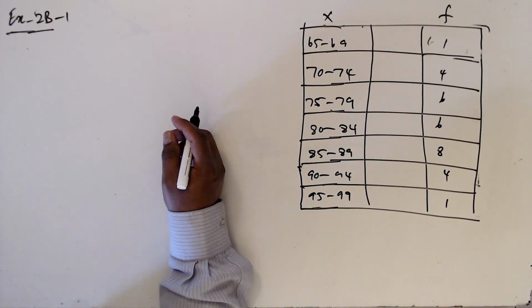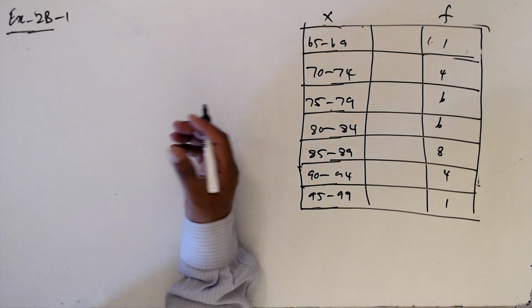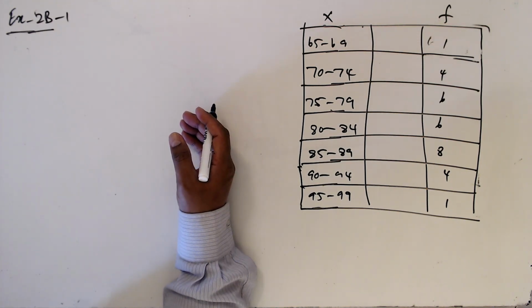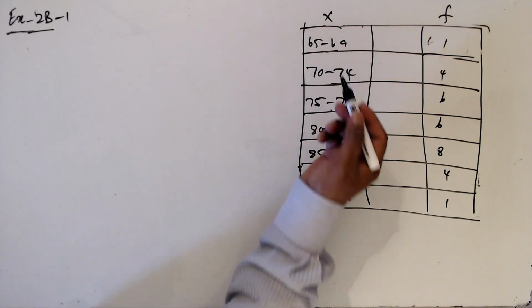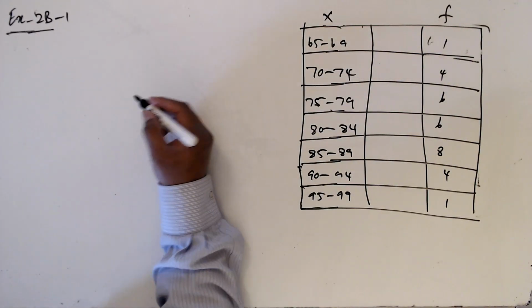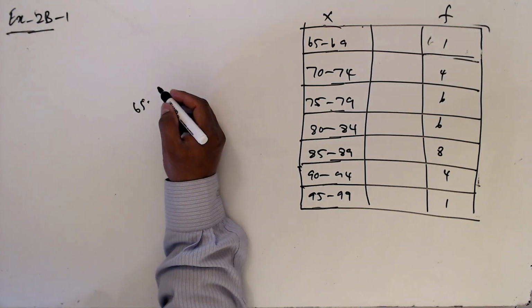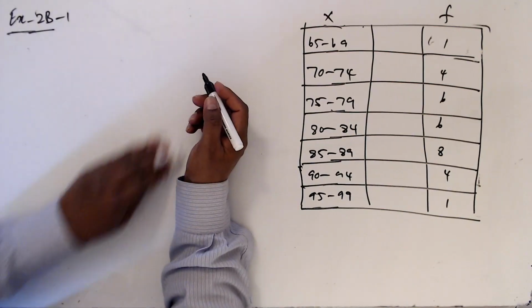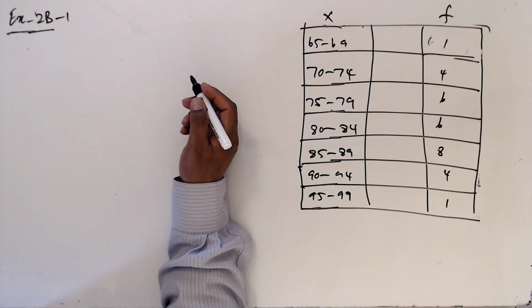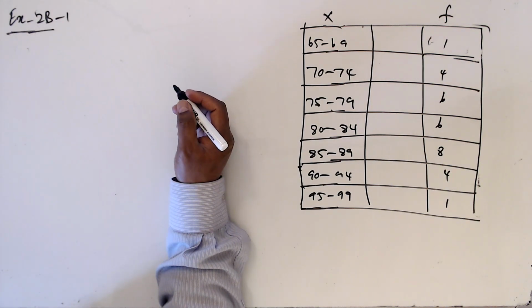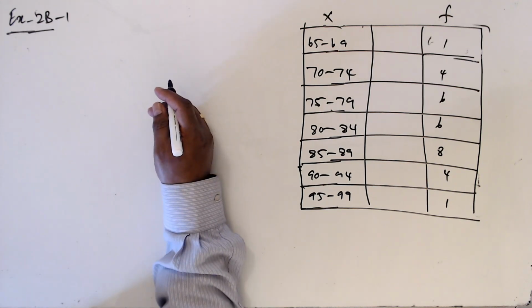This is usually continuous. Even this is 65, 69. There may be a decibel of 65 point something like that. So we can use the real number line to measure. It means there are decimals.